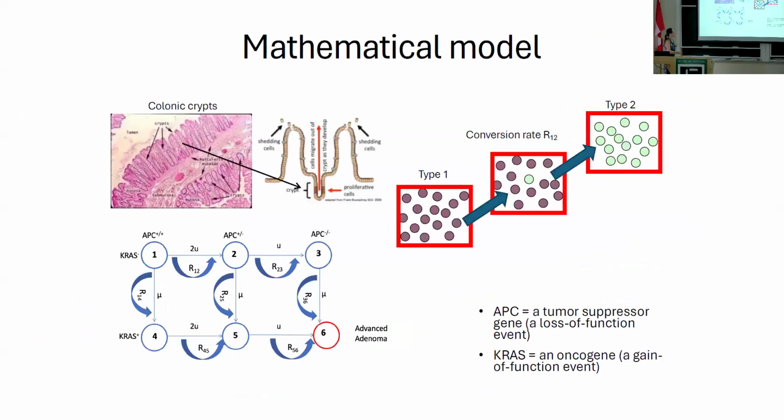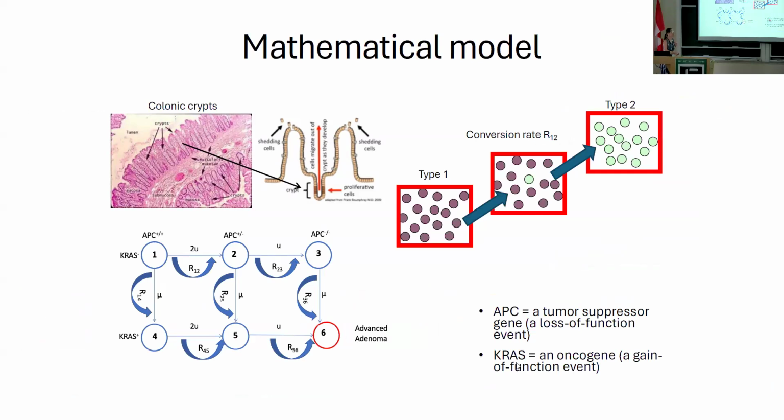There's a lot of theory that goes on here, and this is the main point. So what is advanced adenoma? I talked a lot about the inactivation of the APC gene. So you go from APC+/+ to APC-/-. That's inactivated. That's not late adenoma yet. One more step is an activation of an oncogene like this.